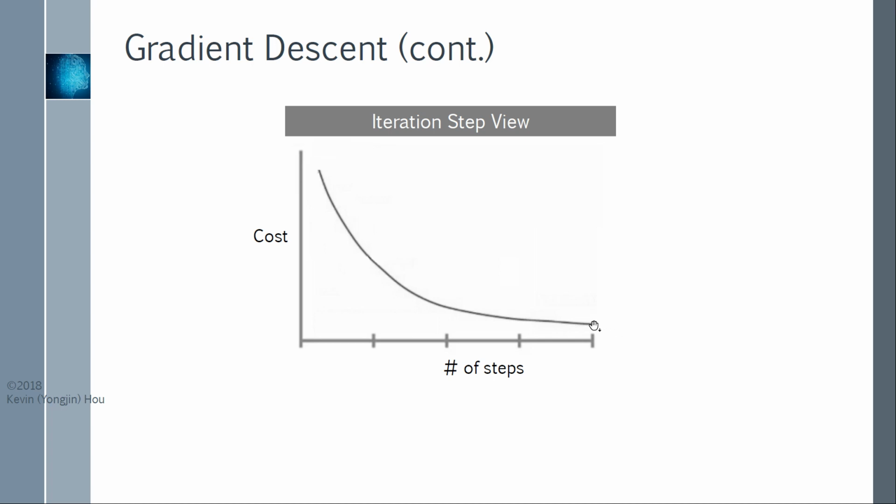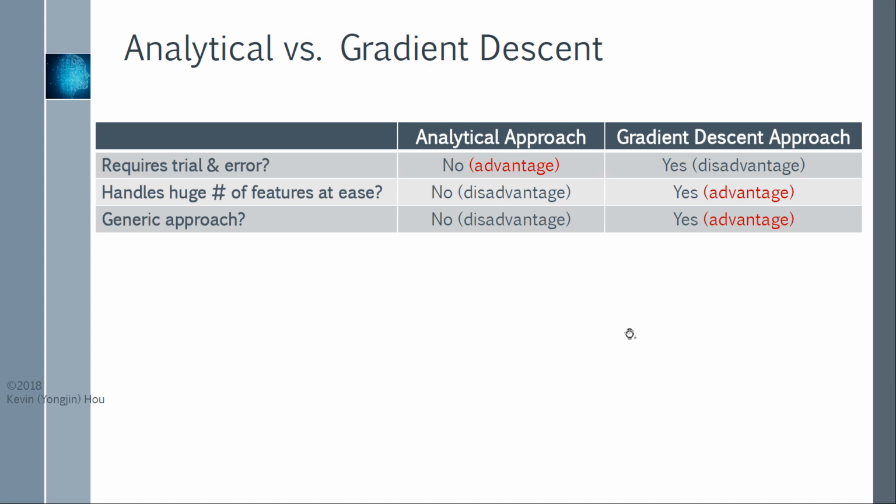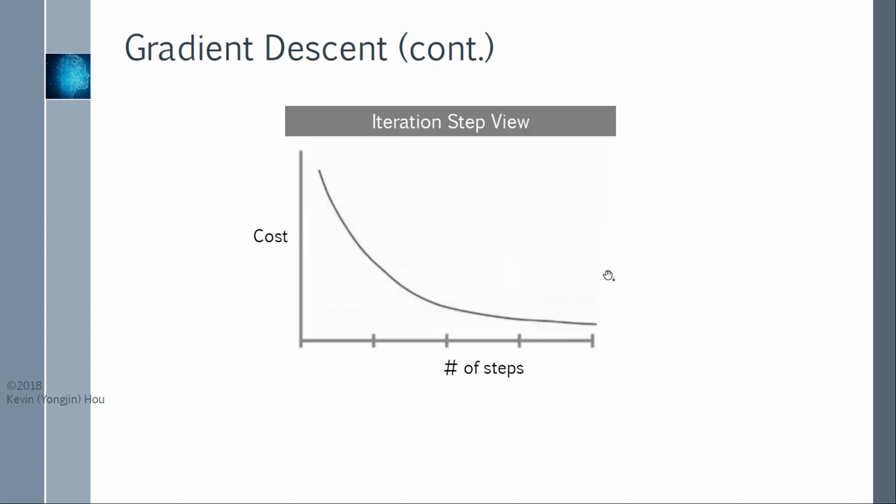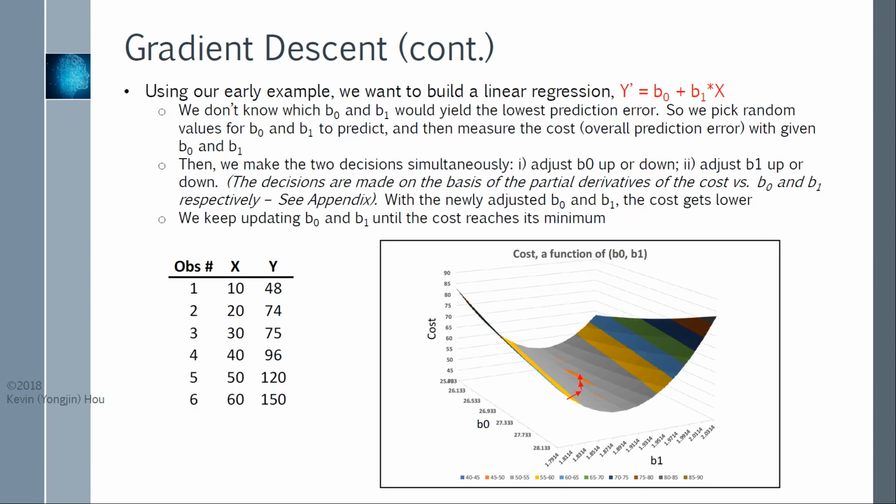Eventually, you see the cost line may flatten out. That means we are reaching the optimal point, and maybe that's the time we should stop. Anyway, we quickly talked about gradient descent and some intuitions, and also looked at one particular example using the linear regression we just looked at earlier.